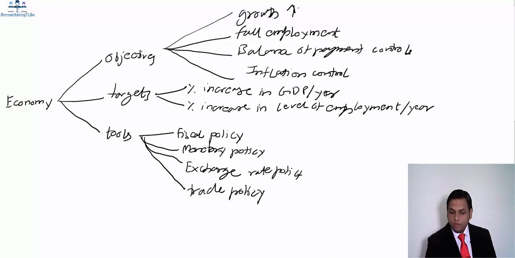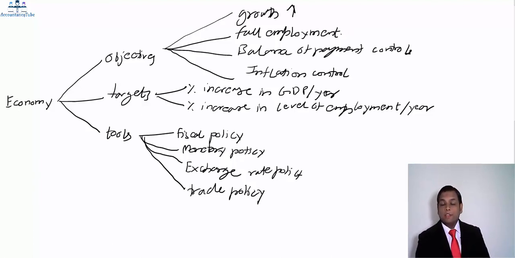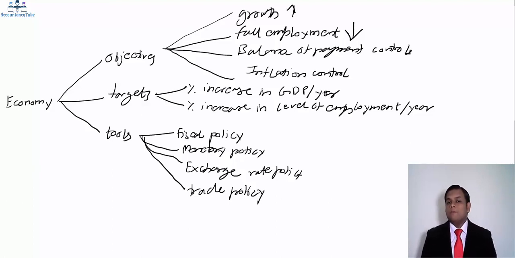In this case, the government is increasing the growth, but at the same time, that growth is achieved via mechanization, via industrialization, resulting in decline in this objective, that is full employment. That's again one of the things which the government is focused on. So you can see how easy it is for the objectives to collide with each other.